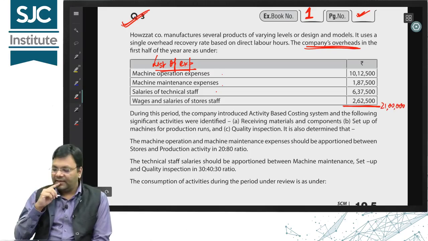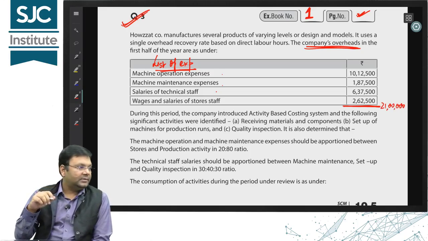Total is coming 21 lakhs. Okay? All right. Yes, 21 lakhs.